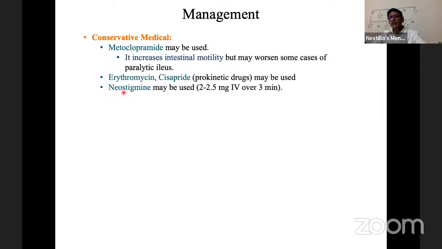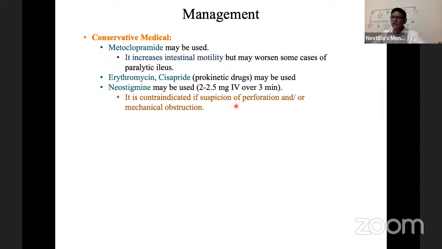But remember with neostigmine that it is not to be given if there is perforation or mechanical obstruction. Neostigmine is to be given only when functional obstruction is there, pseudo obstruction is there. It is not to be given in the mechanical obstruction. So it is contraindicated if there is a suspicion of perforation or mechanical obstruction.